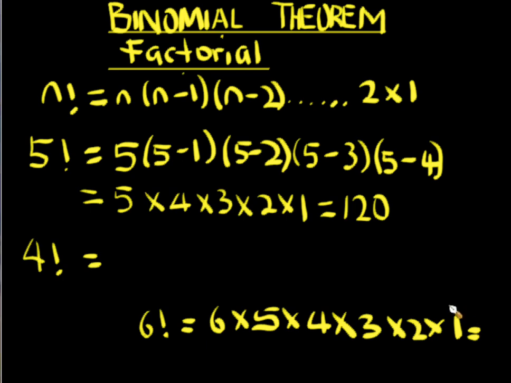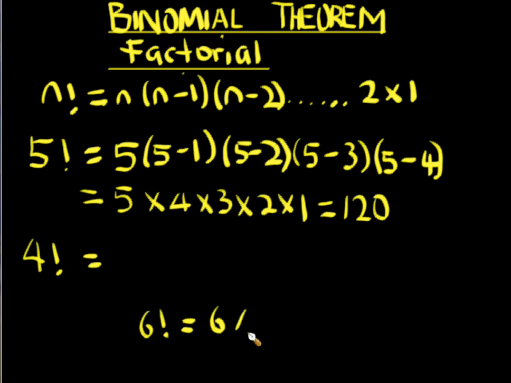So we can hack the formula for solving factorials by simply starting from the number we are asked to find the factorial of, and decrementing down to 1. Are you getting it now? Let's go back to 4 factorial.